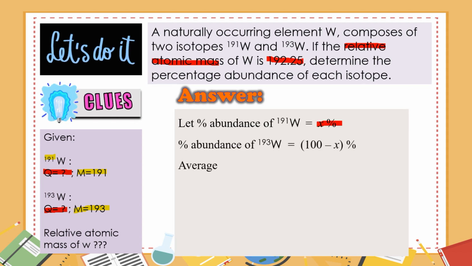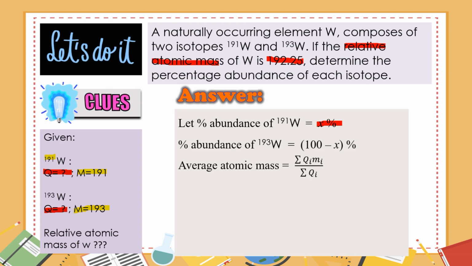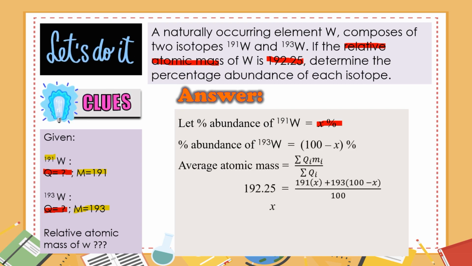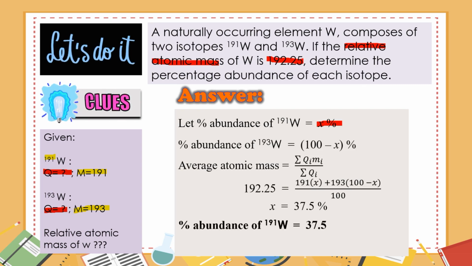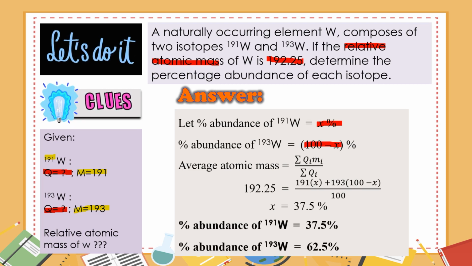Since we know that the total percentage abundance should be 100%, the percentage abundance of W-193 we can assume as 100 minus X. For the second step, you can substitute all the values into the formula of average atomic mass, sum of QiMi over sum of Qi, and from here we find that the percentage of W-191 is 37.5%.